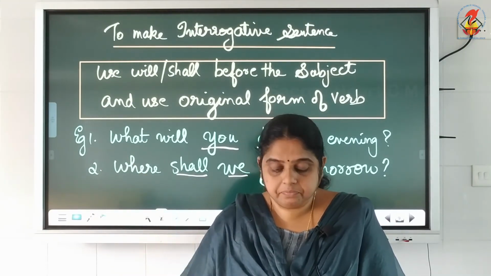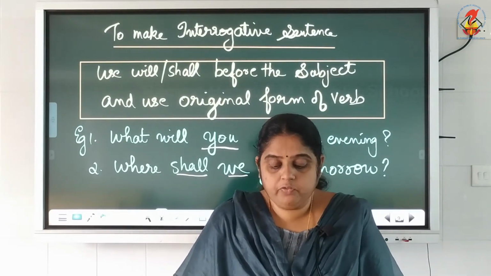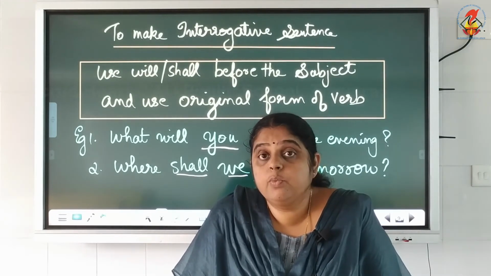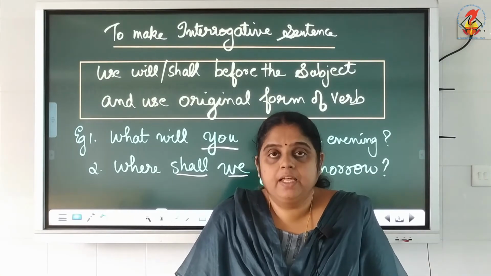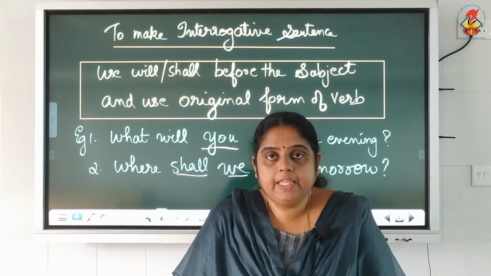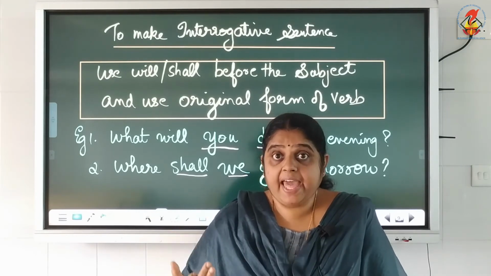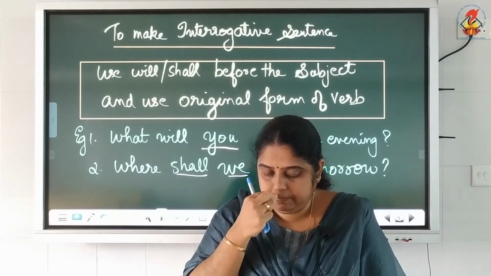Got it? Okay. The next one is, his father will drop him in the school. You are given the question word where. So, how will you write? Where will his father drop him?